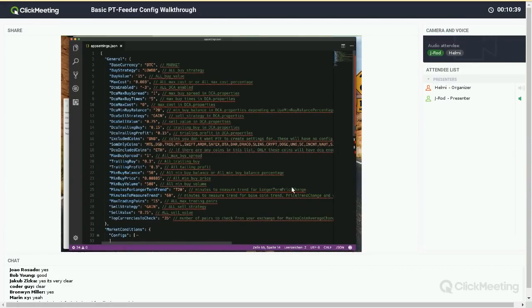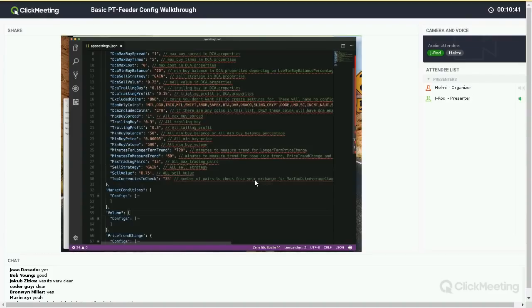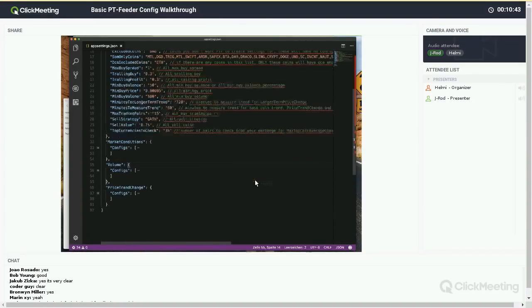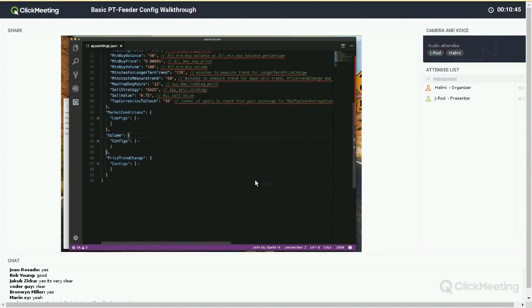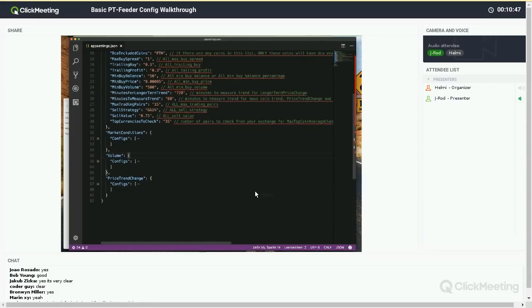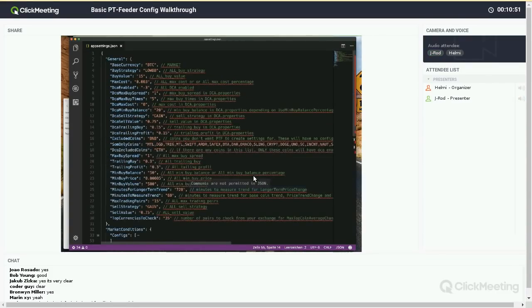As I just see the question, what the default configuration is designed for, that's a good question at this point, because that's something I wanted to say anyway. The configuration that comes with Feeder isn't in any way meant to just run out of the box.